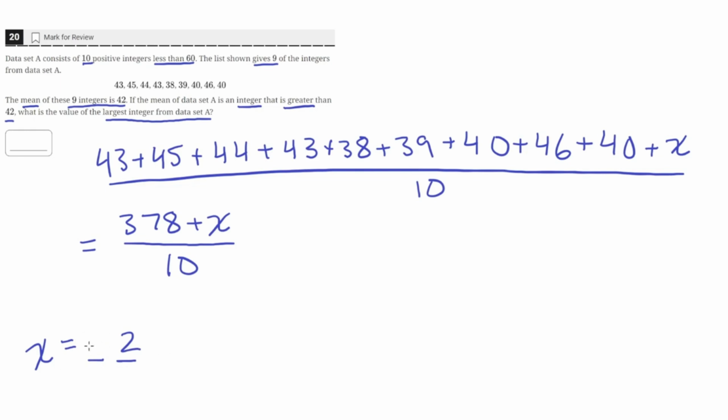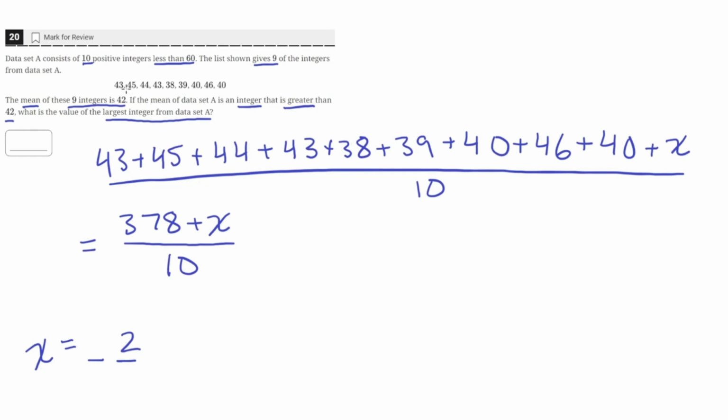And we also know this has to be a 2-digit term, because these 10 terms have to be less than 60. We know the ones place, and the tens place we can also figure out, because this x value has to be larger than 42, because the mean of dataset A is larger than 42.